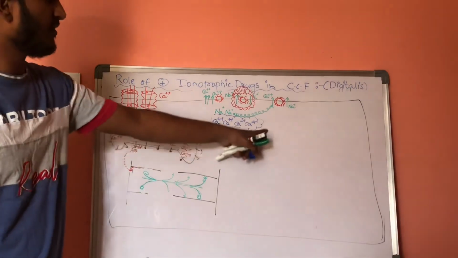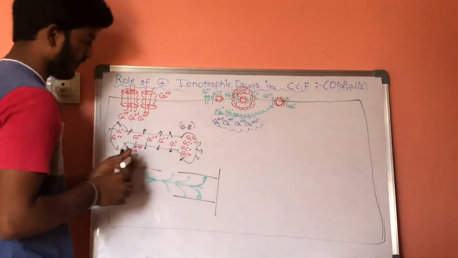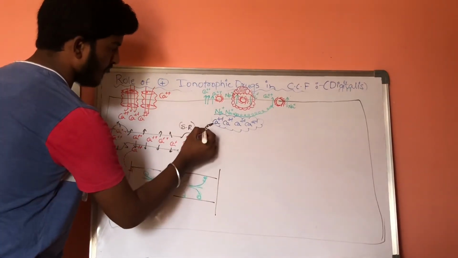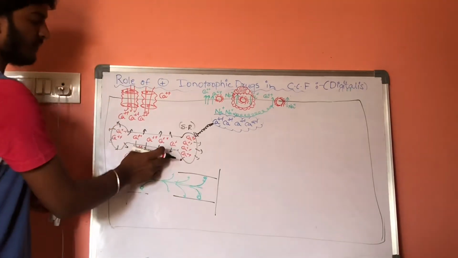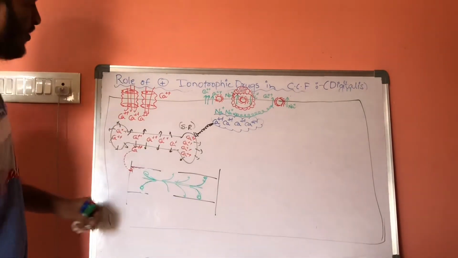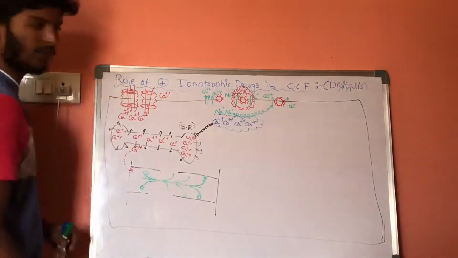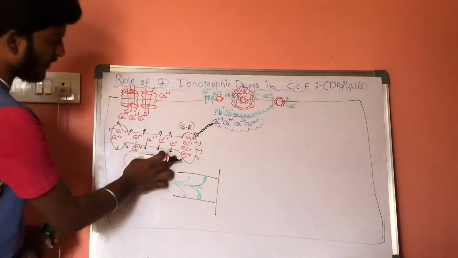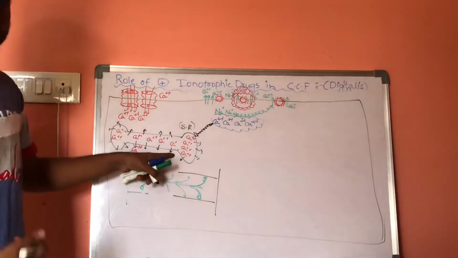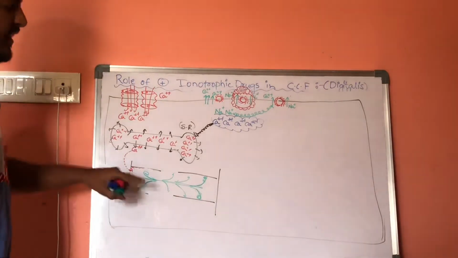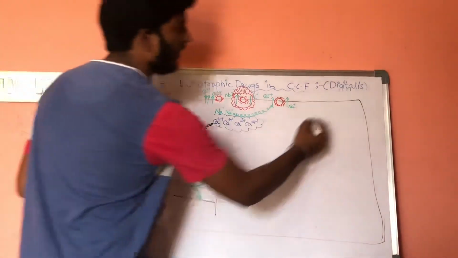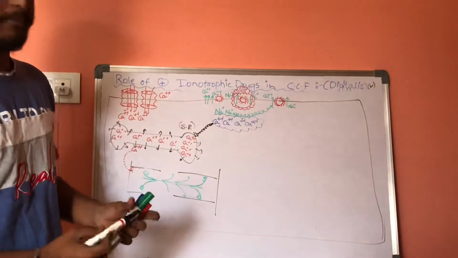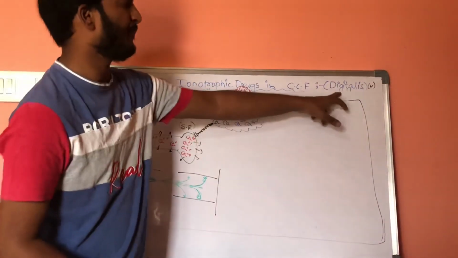As there is excessive calcium, it will trigger the sarcoplasmic reticulum. After triggering, more calcium will be released, and because of this there will be contraction. In this way, it will increase the contractility. This is the function of digitalis: it increases the contractility by inhibiting the sodium potassium ATPases. This is the first class of drugs, digitalis.